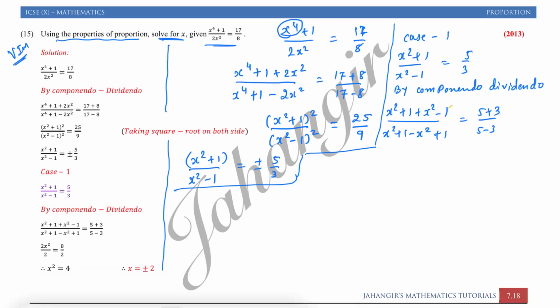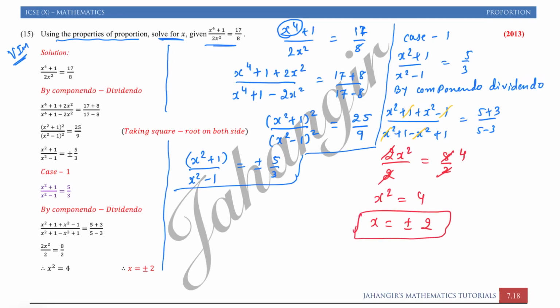Cancelling plus 1 minus 1 and x square minus x square, I will get 2x^2/2 = 8/2, which is 4. So I will get x^2 = 4, so x is equal to plus minus 2. This was my first case. In the first case I got two values, plus 2 and minus 2.